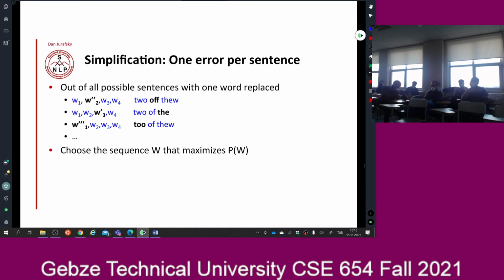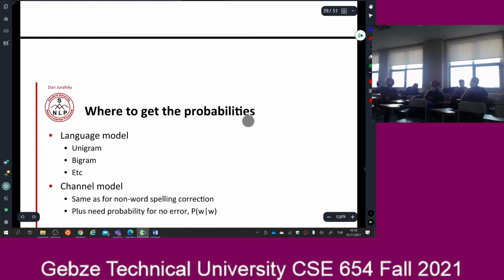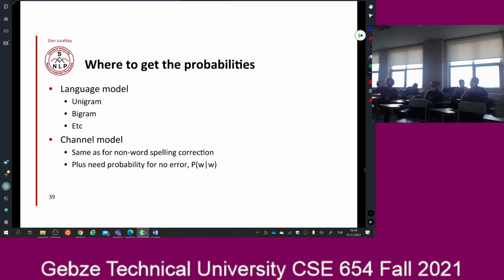So I am going to test it: it is either 'two of the', like, etc. So you cannot have more than one misspelled word in the sentence. That will be a simplification that will make things a lot easier. So where do we get the probabilities again? For the typing mistakes, we had the channel model. For the language model, we have our unigram, bigram, trigram, etc.